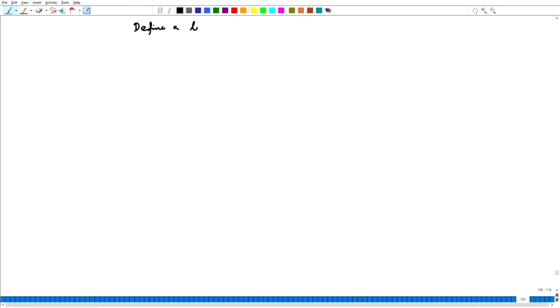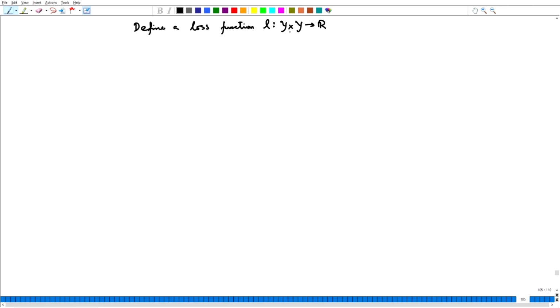Define a loss function L, because it is loss, which is taken from the space from which y is taken.